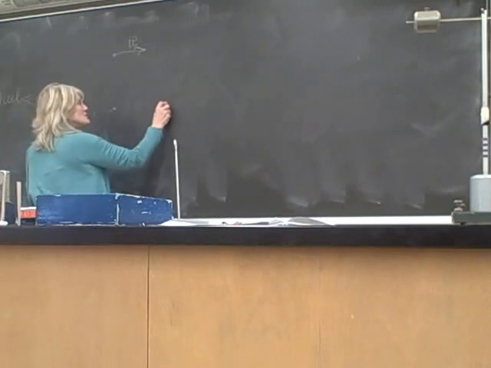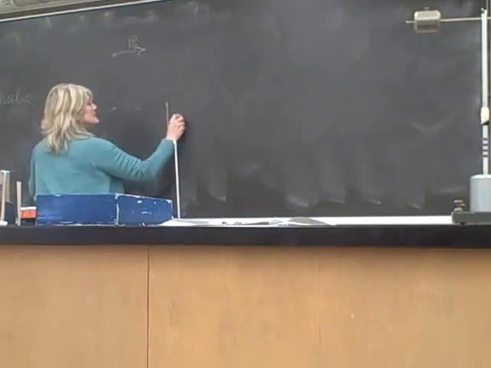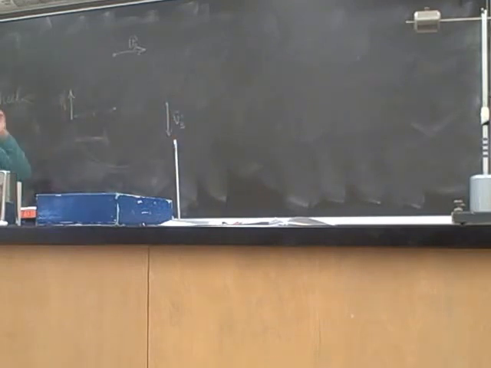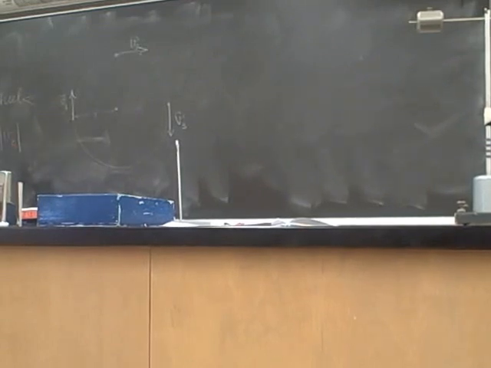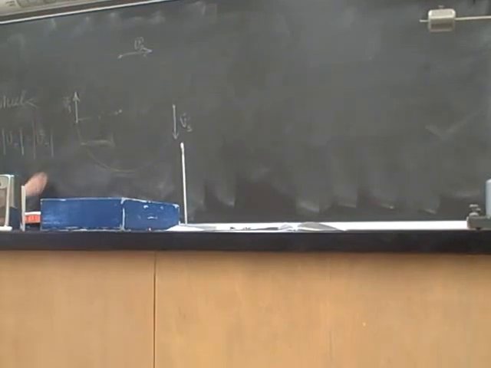And so on here. At every point, the velocity is going to be in a different direction. Same magnitude, different direction. So one way to write that is to say the absolute value of V1 equals the absolute value of V2 equals the absolute value of V3.